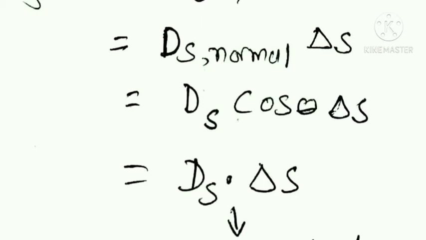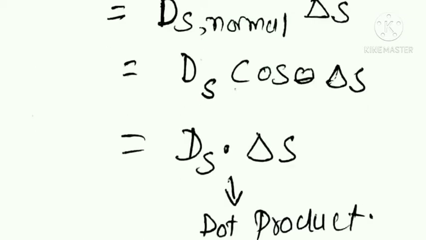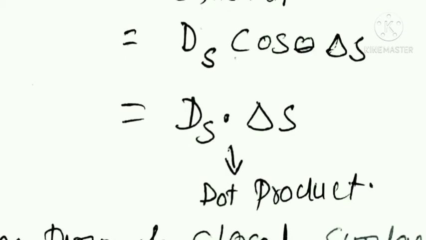Any vector we can divide into a normal component and a tangential component. So the value is D cos theta times delta S. D cos theta times delta S is the formula for the dot product D dot delta S.